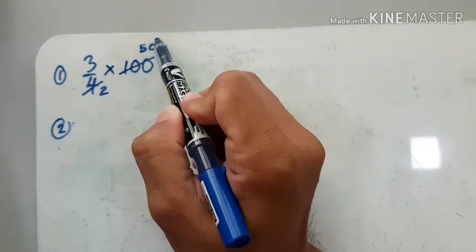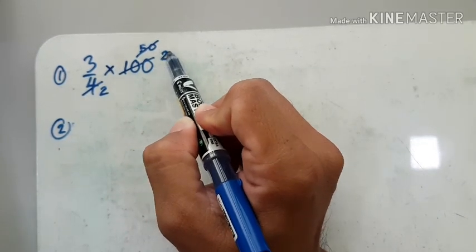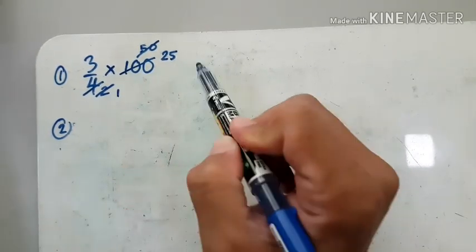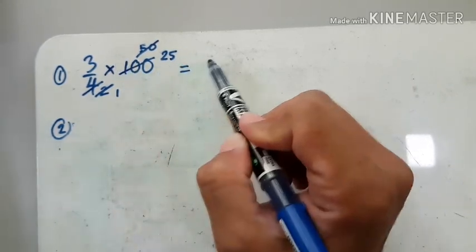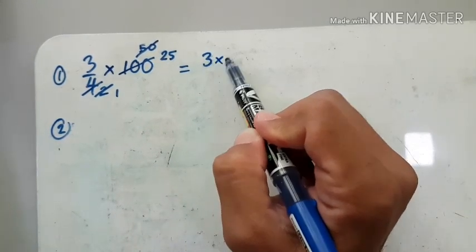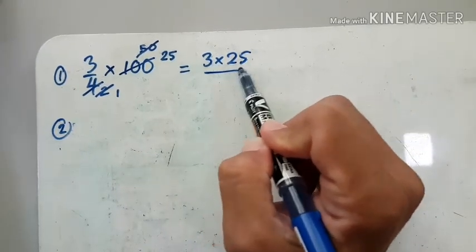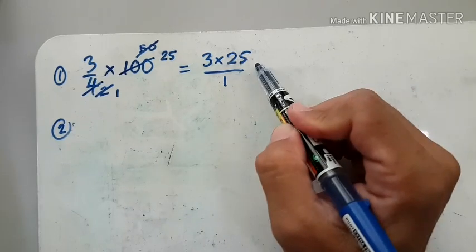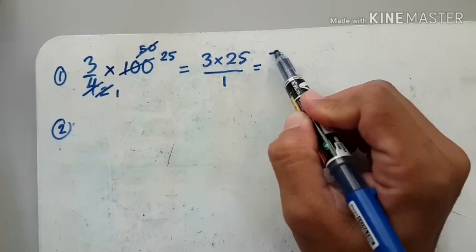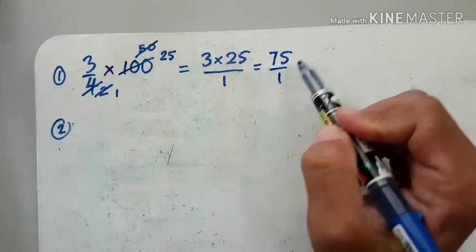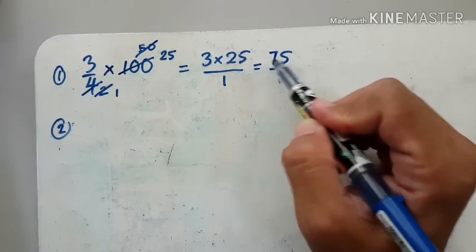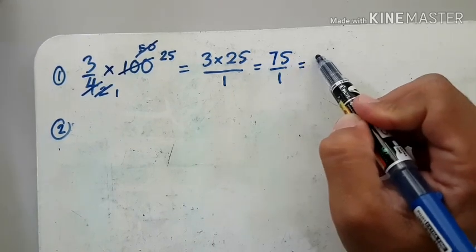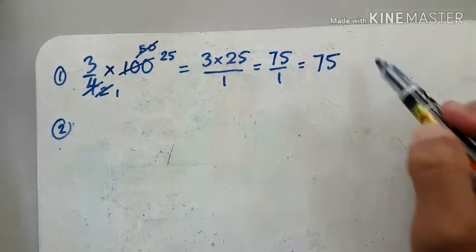If you divide by 2, we have 25, and if you divide by 2 here, we get 1. So by the end, we get 3 times 25 divided by 1, and 3 multiplied by 25 gives you 75 over 1. And of course, any value when it's on 1, the answer is the value straight away.